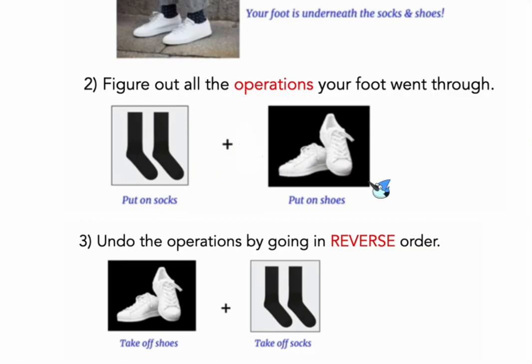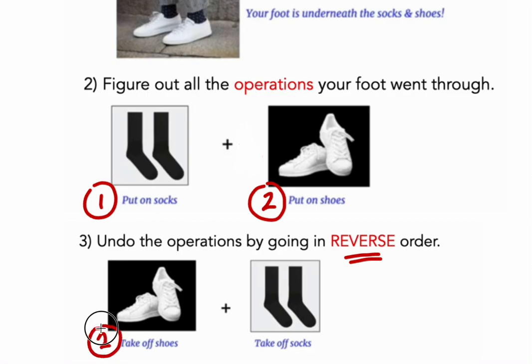So since my shoes were put on last, I'm going to go in reverse order and take them off first. So if step one was to put on my socks and step two was to put on my shoes, then I'm going to reverse that and take off my shoes first and then take off my socks, going in reverse order.